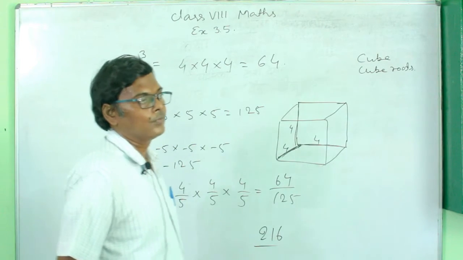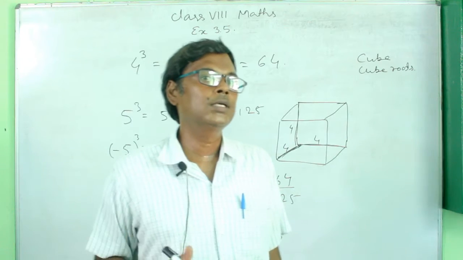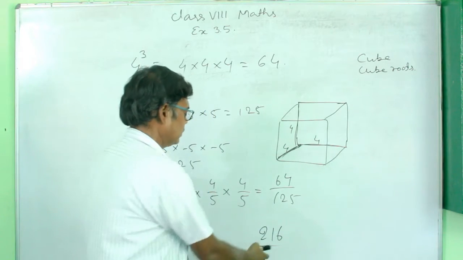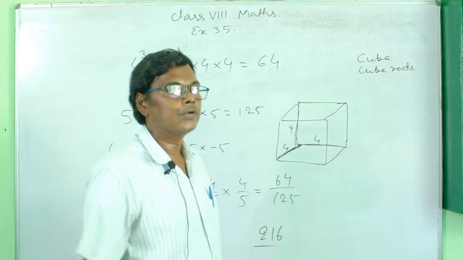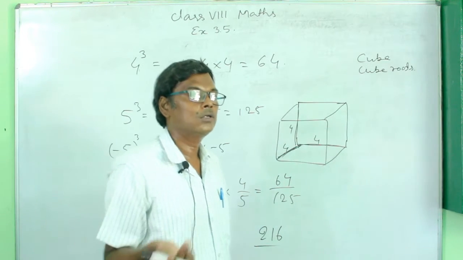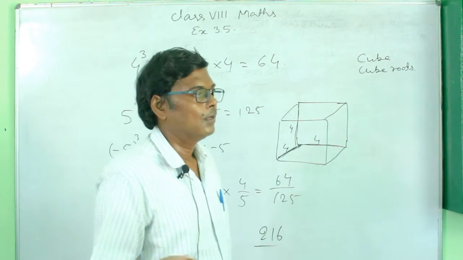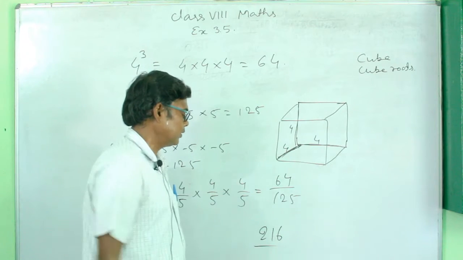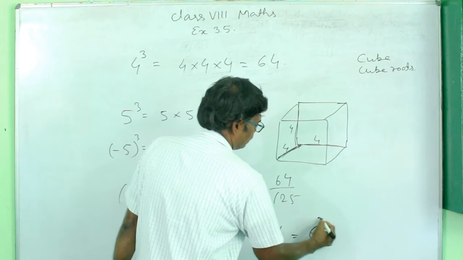Actually we have to find a number whose cube is this number. So that will be the cube root. That will be here 6 cube.